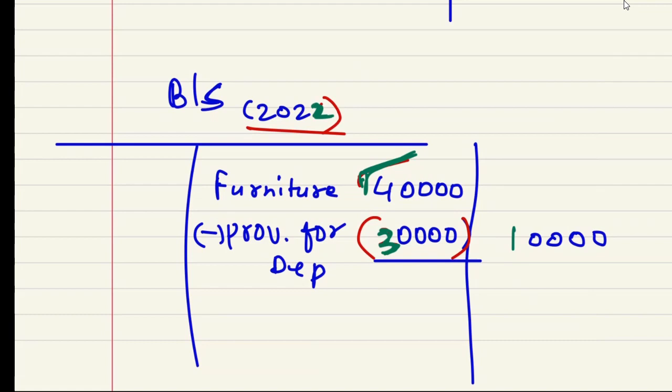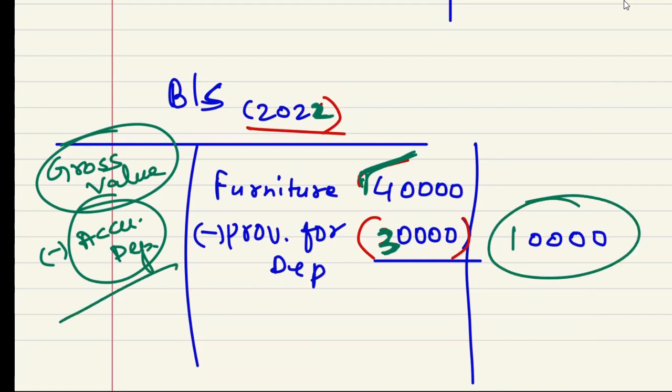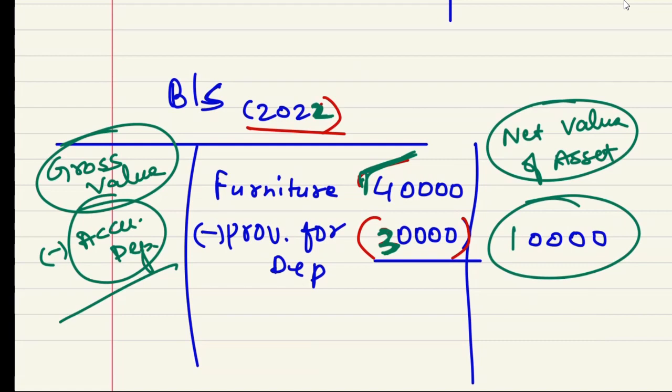So what we are doing is writing the gross value of the fixed asset, and we are subtracting the accumulated depreciation from it, and then we are writing the net value of the asset.